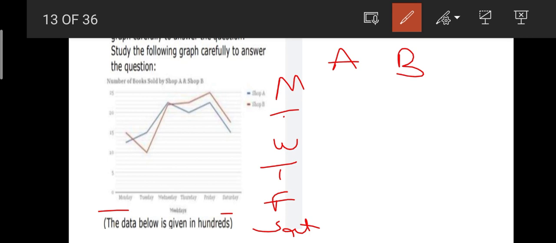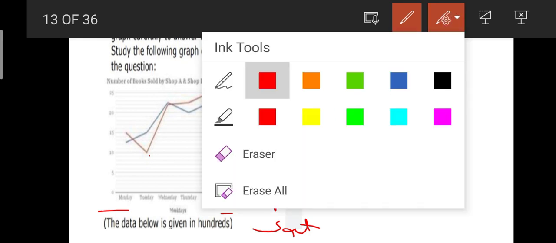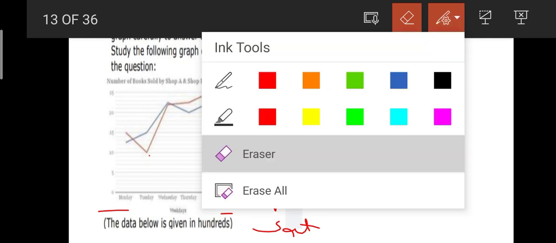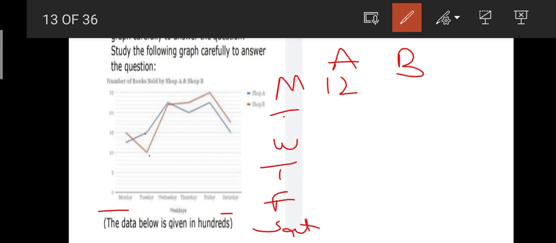Okay, so shop A has sold 12 books on Monday, and then coming to Tuesday it is 10 books, and then blue line is A, right? So on Tuesday he has sold 15 books, and then on Wednesday he has sold 22 books, on Thursday 20 books, and then on Friday he sold 22 books, and then on Saturday he sold 15 books.